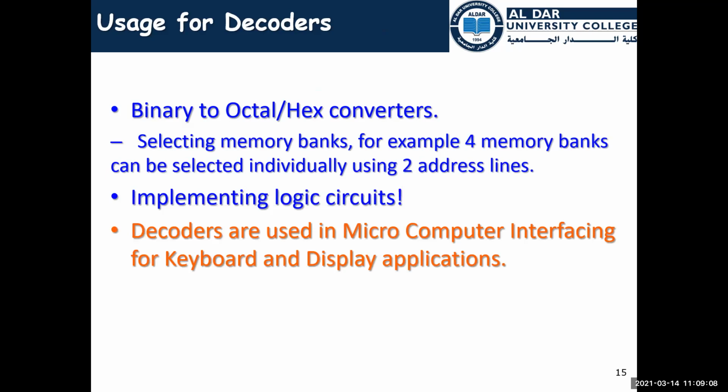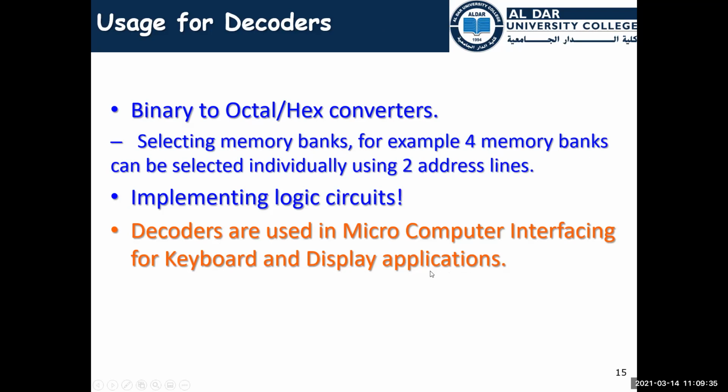It has many applications, like octal to hexadecimal conversion and selecting memory banks. For example, four memory banks can be selected individually using two address lines. It is also used for implementing logic circuits, and we will see an example of that. Decoders are used for microcomputer interfacing, for keyboard and display applications.